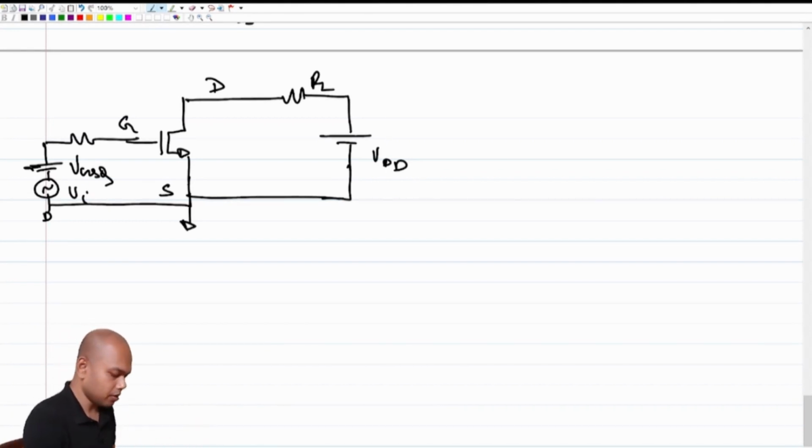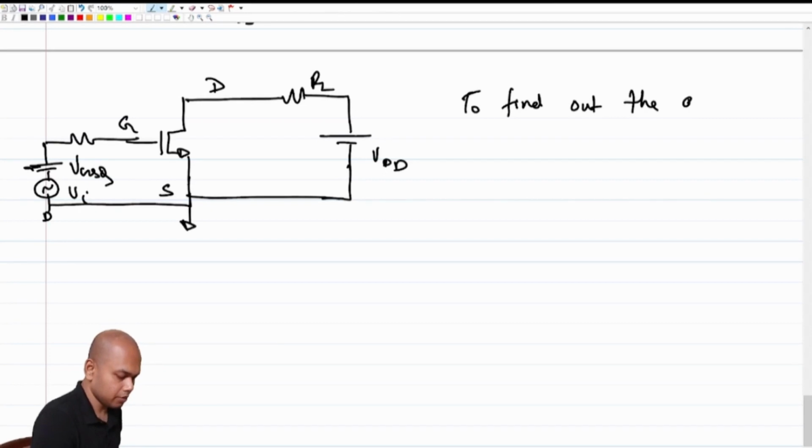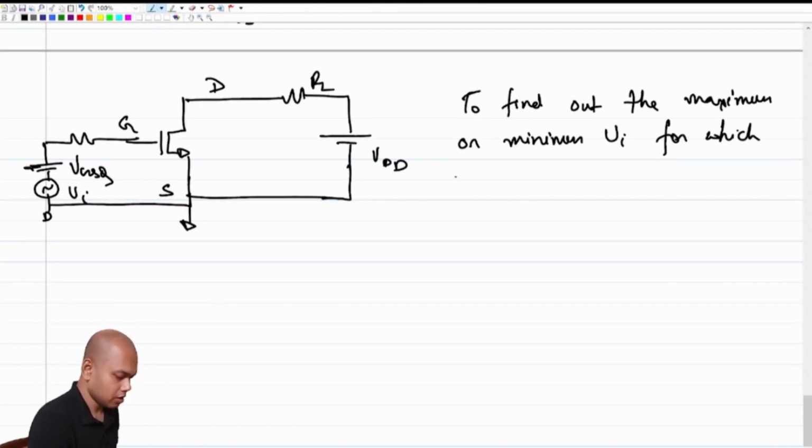If I have to find out the maximum or minimum Vi for which M1 always remains sufficiently into saturation, remains in saturation.